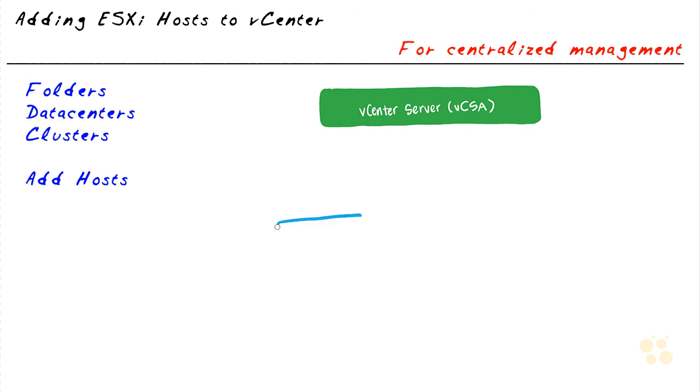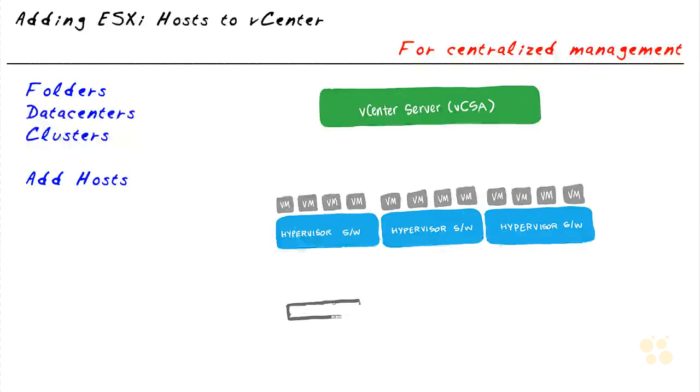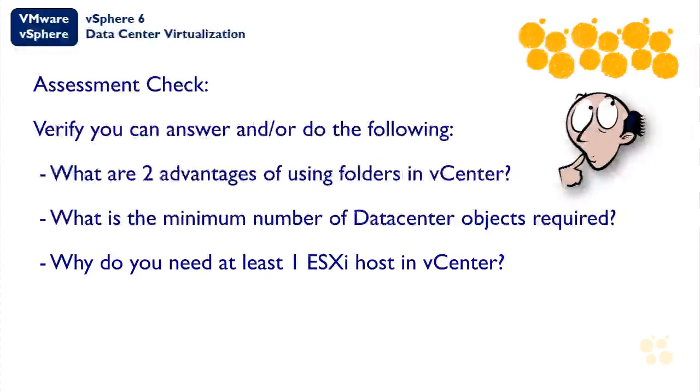In this nugget, we've taken a look at some options we can use in organizing resources in vCenter, including using folders and clusters and data centers, along with how to add ESXi hosts into that infrastructure using the vSphere web client along with vCenter. And it is quiz time. Question number 1.